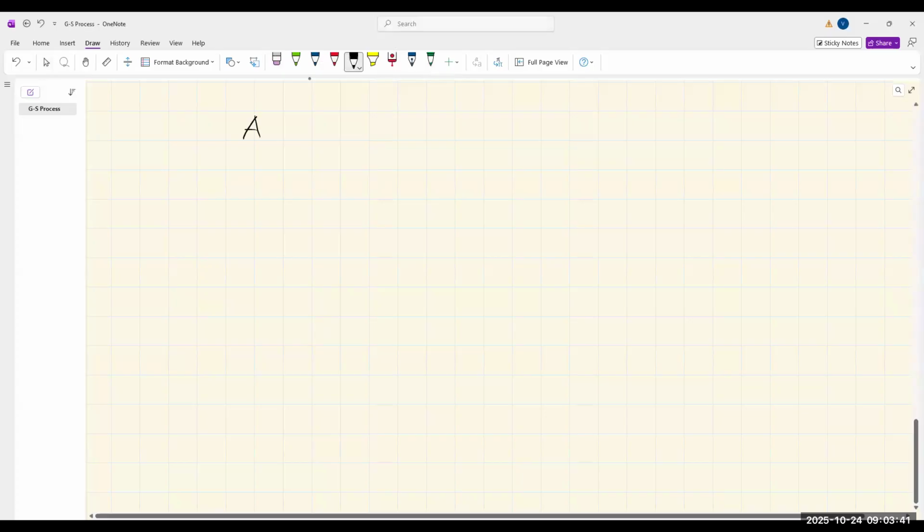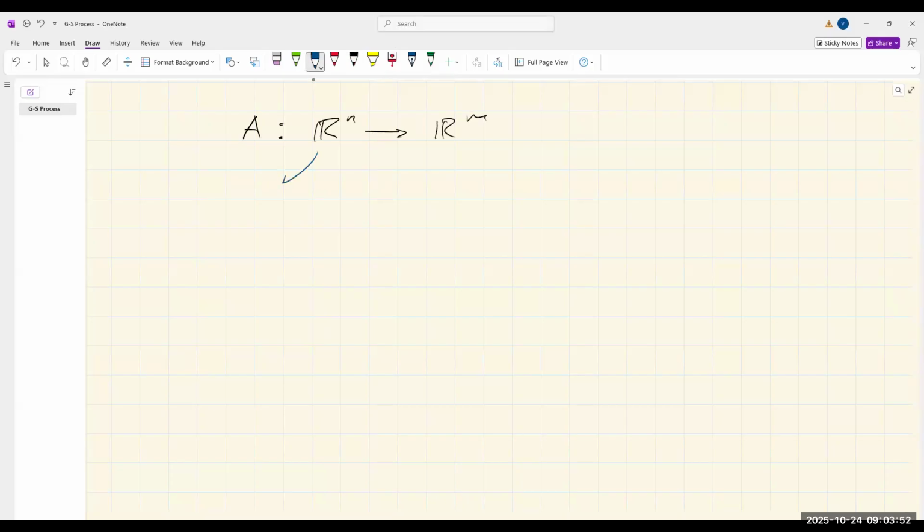You're given a map, call it A, from Rn to Rm. What do vectors in Rn look like? They look like a string of n numbers: x1, x2, all the way up to xn. And what do vectors in Rm look like? Instead of x, I'll use y's: y1, y2, all the way up to ym. That's a string of numbers. We'll call this one vector x, and this one vector y.